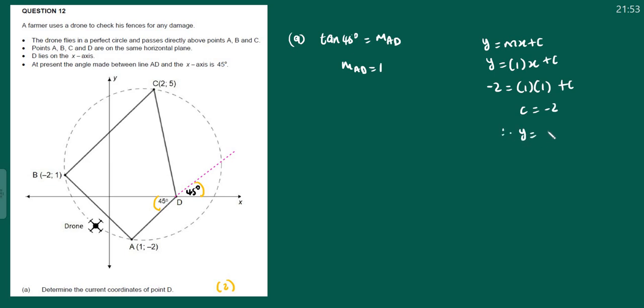So the equation is y equals x minus 2. That means since D is an x-intercept, at D we know that y will be 0. So say 0 equals x minus 2, so the x will be 2. Would that work? And then D is (2, 0).